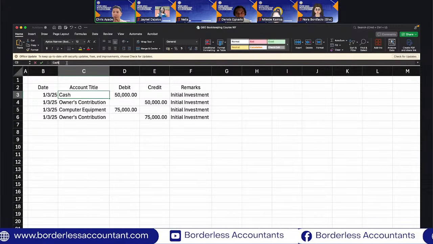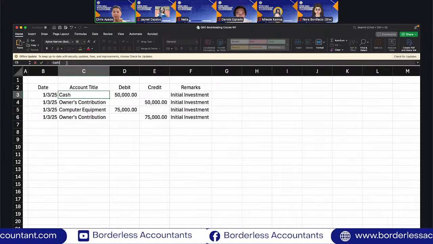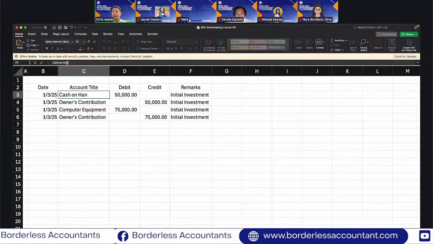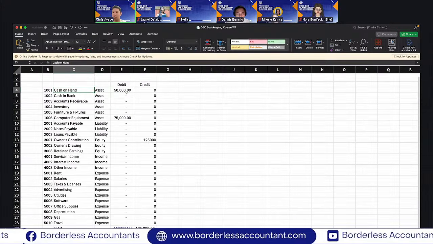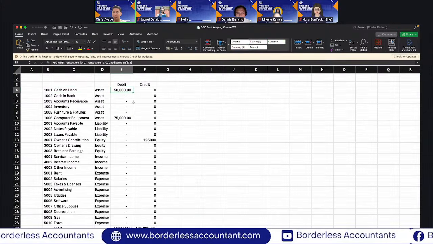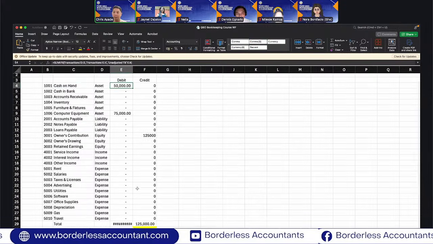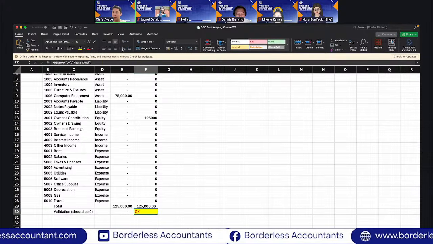So what I will do is fix that. Since yung chart of account is already defined as cash on hand, I have to strictly follow it, right? So cash on hand. Now that I changed it, that figure has been retrieved here, cash on hand 50, right? So now my validation check is saying okay.